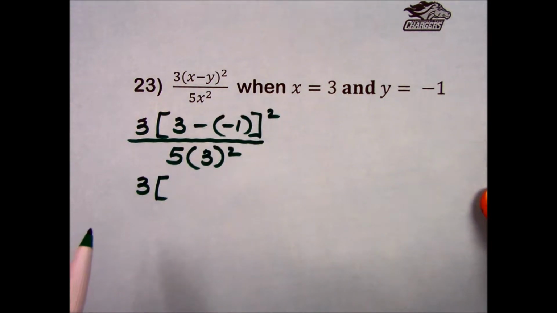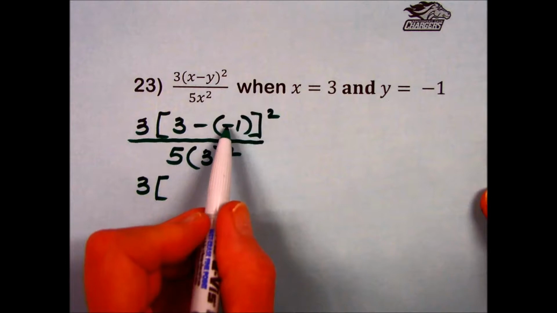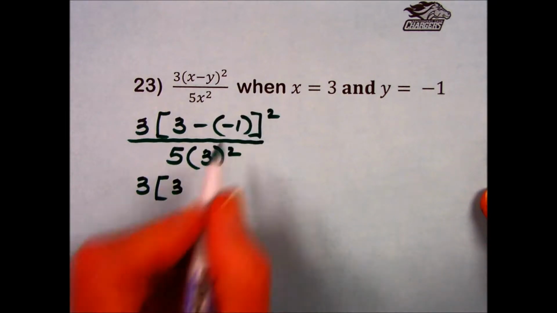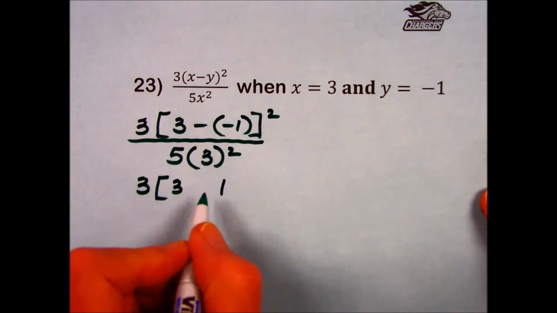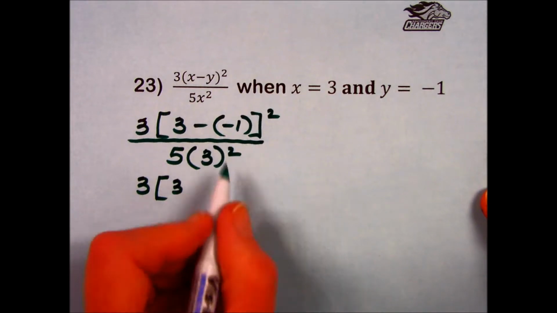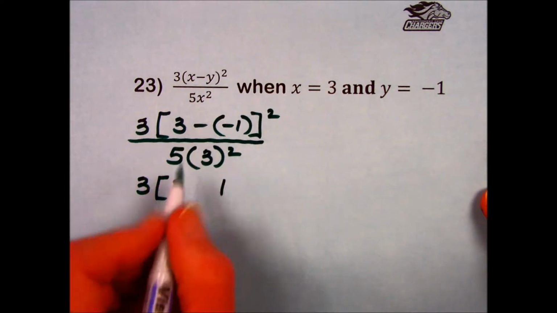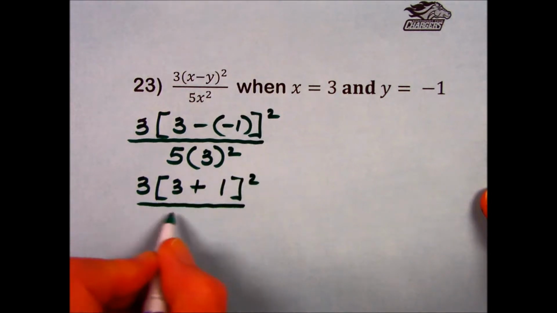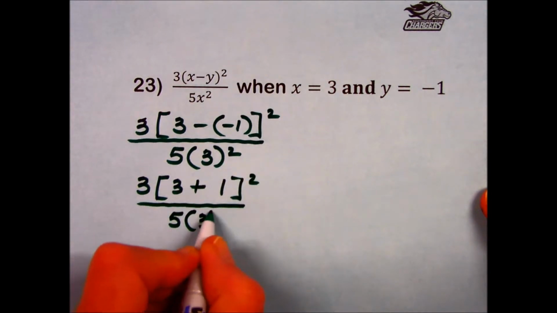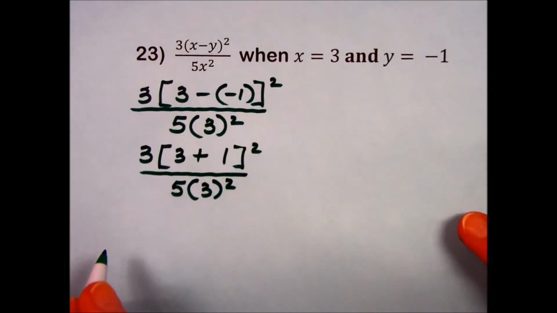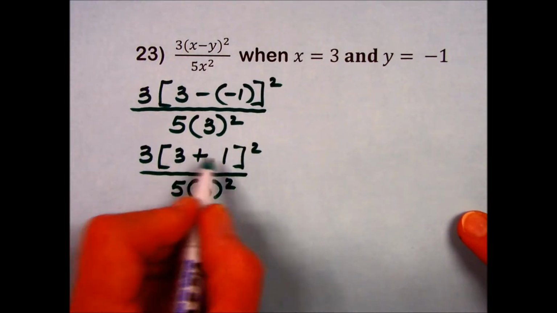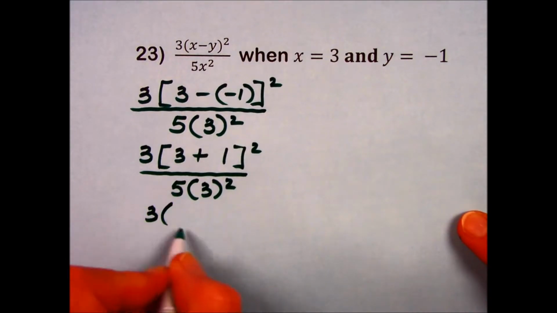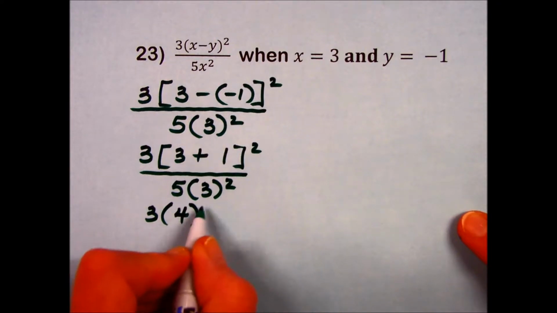We're going to use the rule of subtraction, which states, change the sign of the second number. It's a -1 originally, it becomes a +1, and we now add. I could simplify the denominator, but I'm going to hold off. Simplifying inside the parentheses, 3 plus 1, we're now going to replace that with 4.